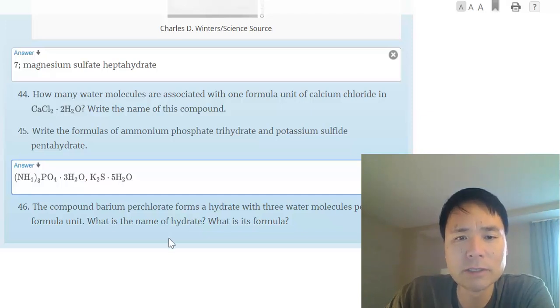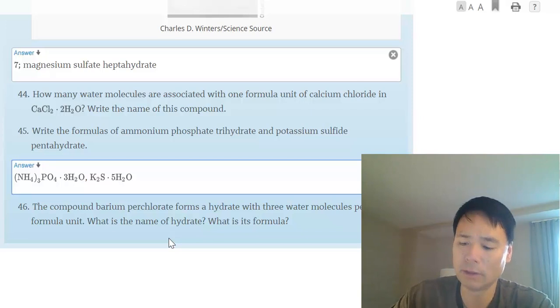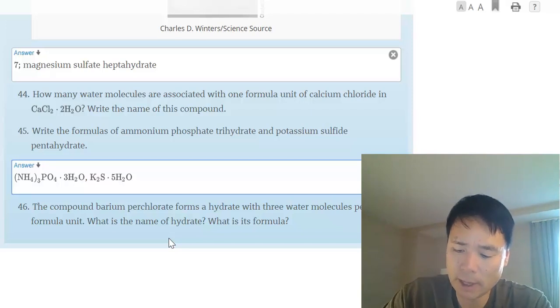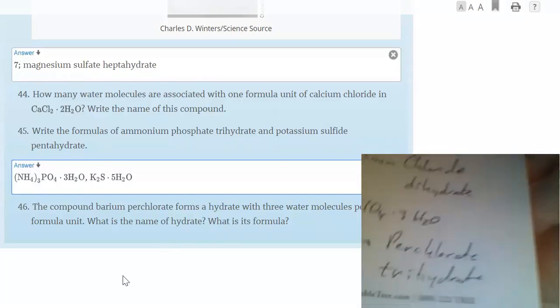What is the formula? Ba(ClO4)2 dot 3 H2O would be its formula, and again it's barium perchlorate, because chlorate is 3 oxygen, so perchlorate would be 4 oxygen. So we end up with barium perchlorate trihydrate, and the formula Ba(ClO4)2 3H2O.